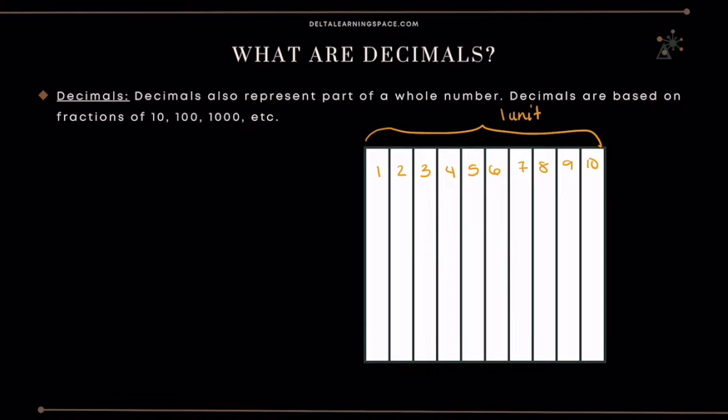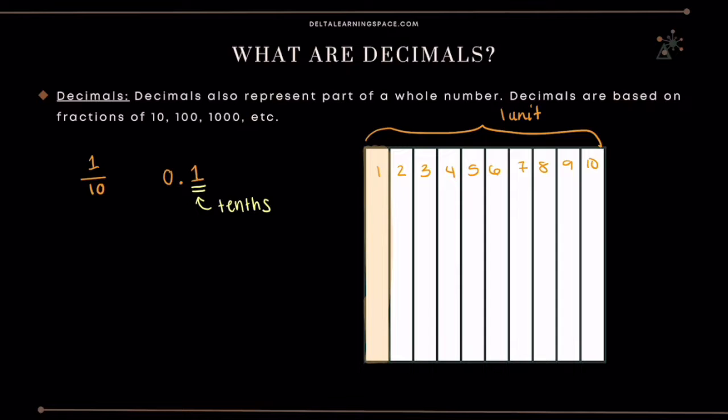That means my denominator will be 10, very similar to what we saw with our fractions. If I were to shade one piece, I have now shaded a tenth. As a decimal, this will be 0.1. This place value here, immediately to the right of our decimal, will be our tenths place.